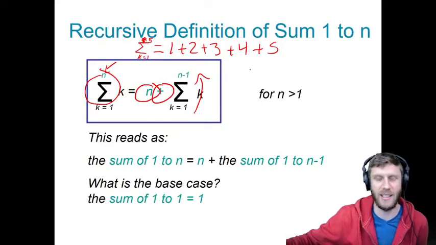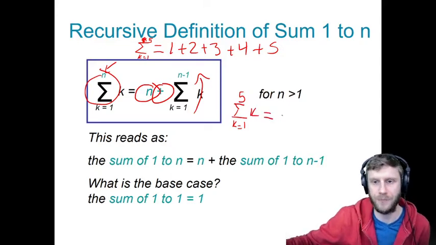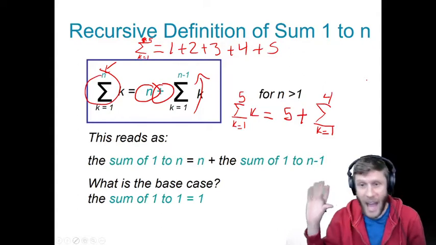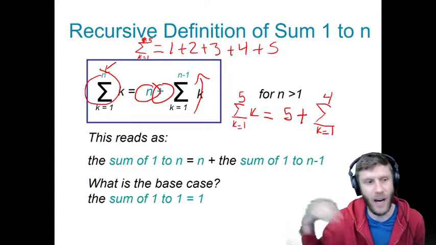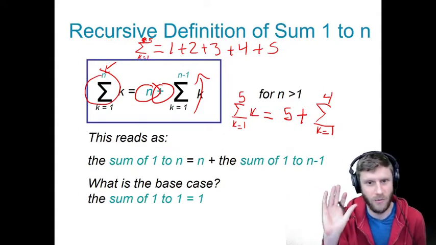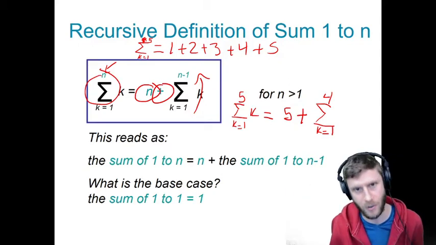So basically the sum of k equals 1 to 5 of k equals 5 plus the sum of k equals 1 to 4. Would you agree? If I had the sum of all numbers from 1 to 4, including 4, and then added 5 to it, I would have the sum of all the numbers 1 to 5, including 5. That's the idea. So we've basically defined it in terms of itself, recursively.